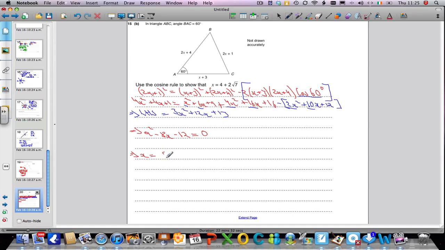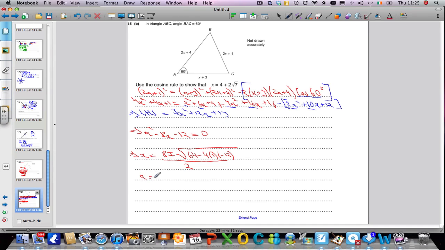So substituting into the quadratic formula, we get x must be equal to minus b, so minus minus 8 is 8, plus or minus the square root of the following. b squared, which is going to be 64, minus 4 times a times c. And that's all divided by 2a.